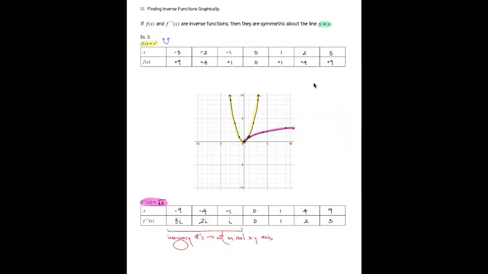Now, the last part to this graph that I want to include here is this y equals x. All right, and so let's do that in the green color. We're going to draw a line y equals x, and I hope that we remember that line is just a diagonal line that kind of cuts through the plane.